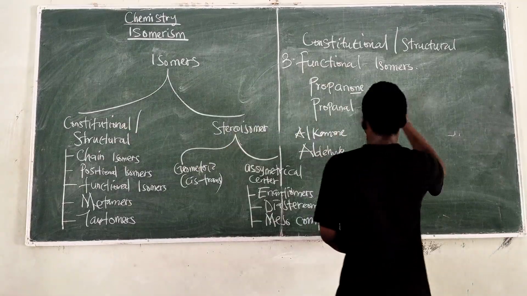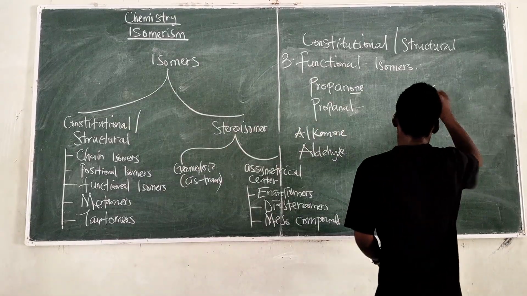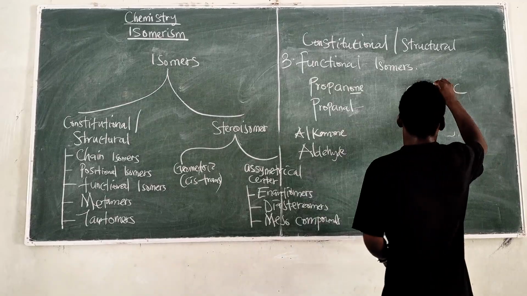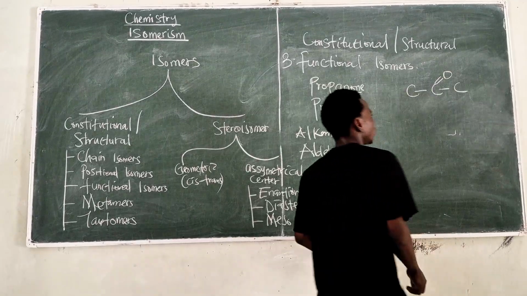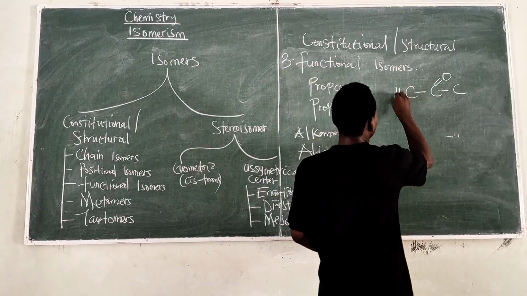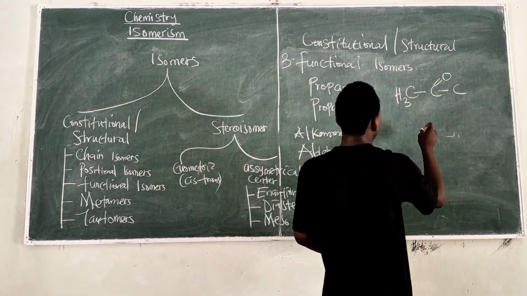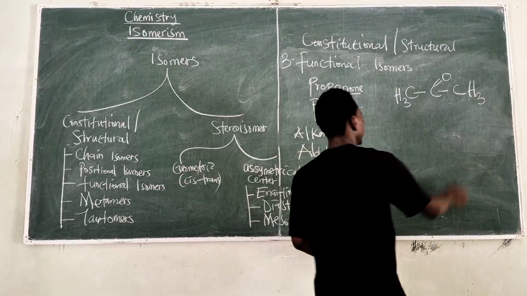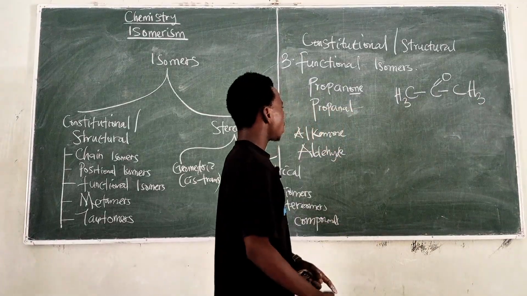So going by the structures, we have 3 carbon atoms. The middle carbon is double bonded to oxygen. This particular carbon is bonding to 3 hydrogen, and this particular carbon is also bonding to 3 hydrogen.